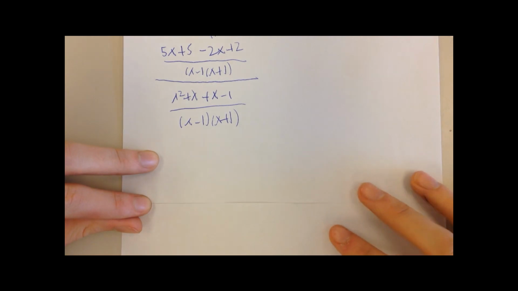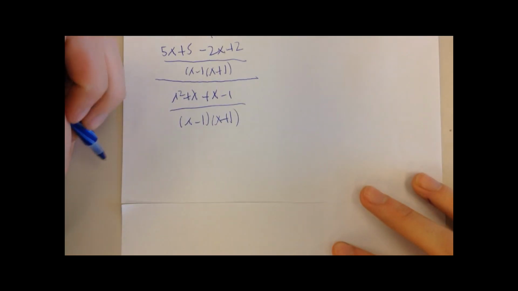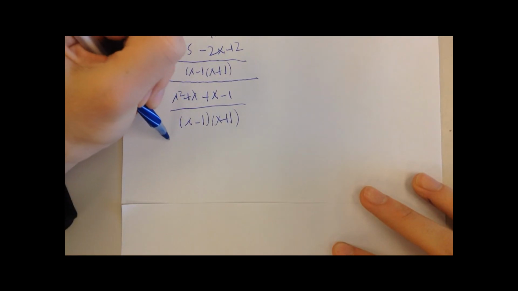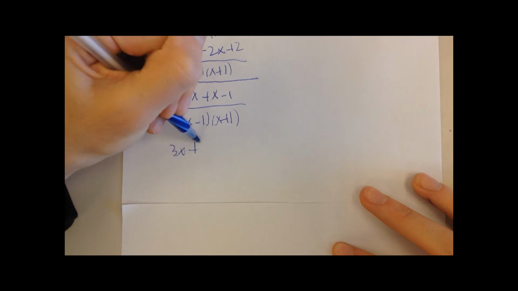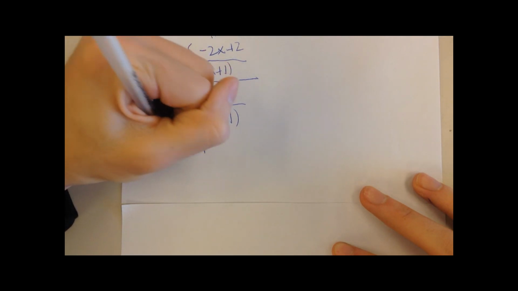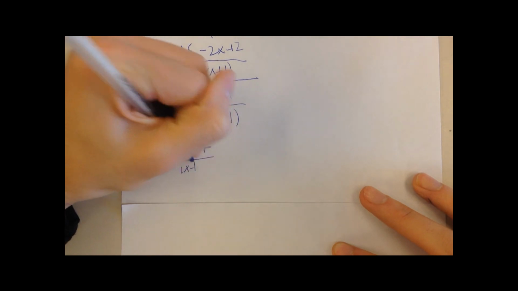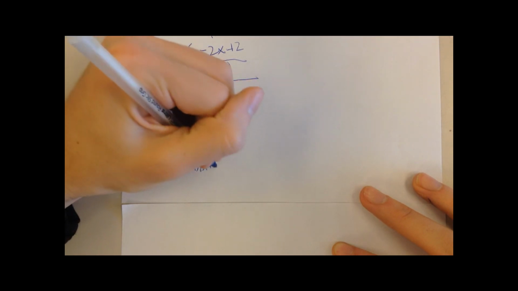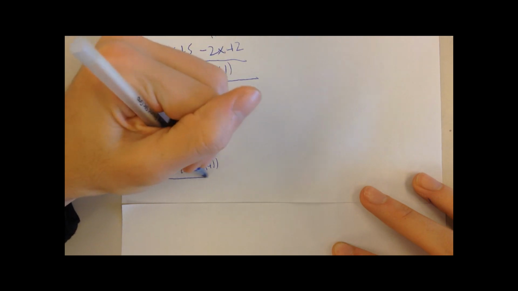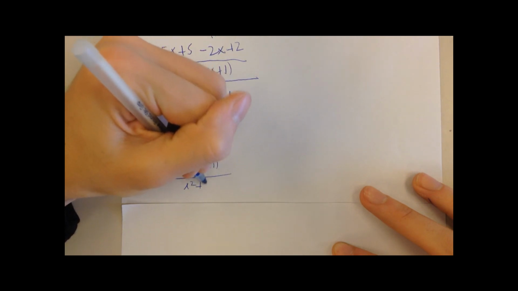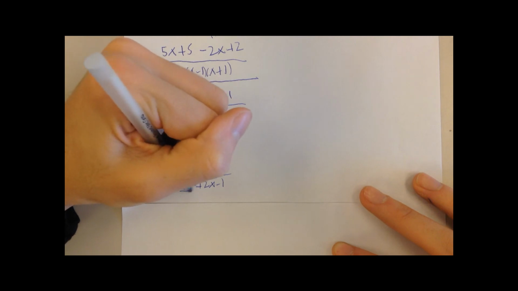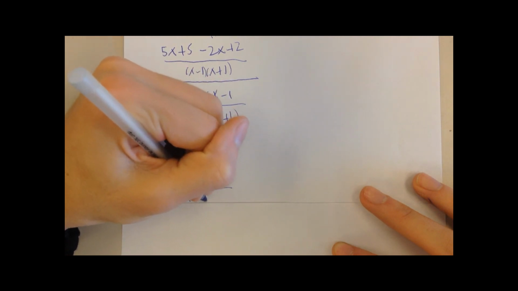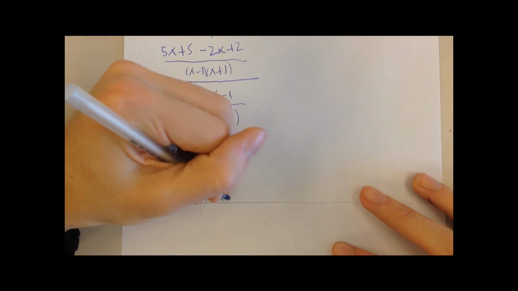If we cancel out all our terms again, we're going to get 3x plus 7 over (x minus 1)(x plus 1), over x squared plus 2x minus 1 over (x minus 1)(x plus 1).